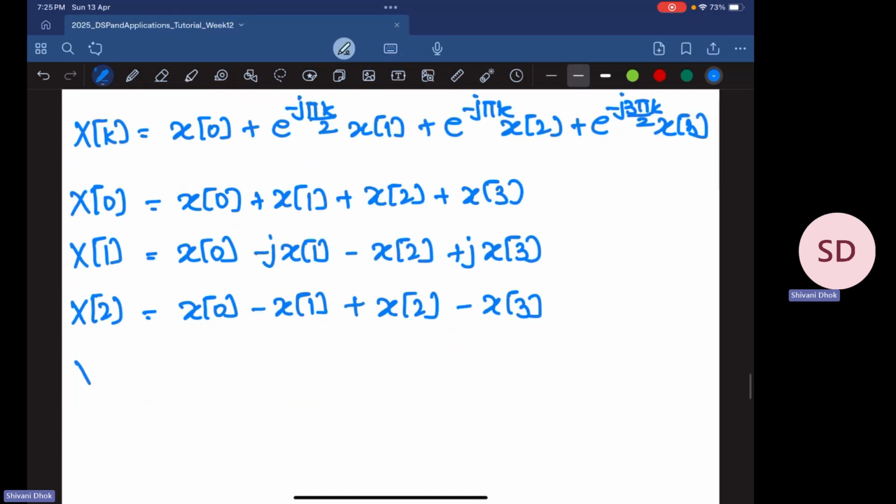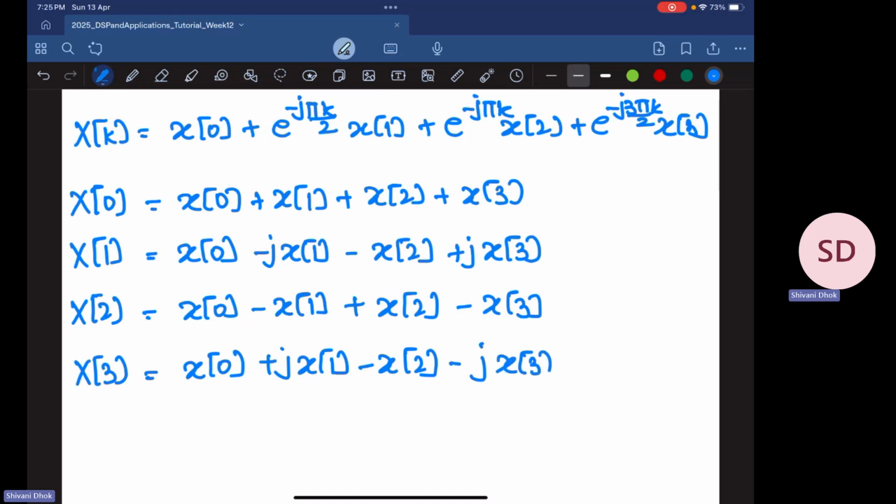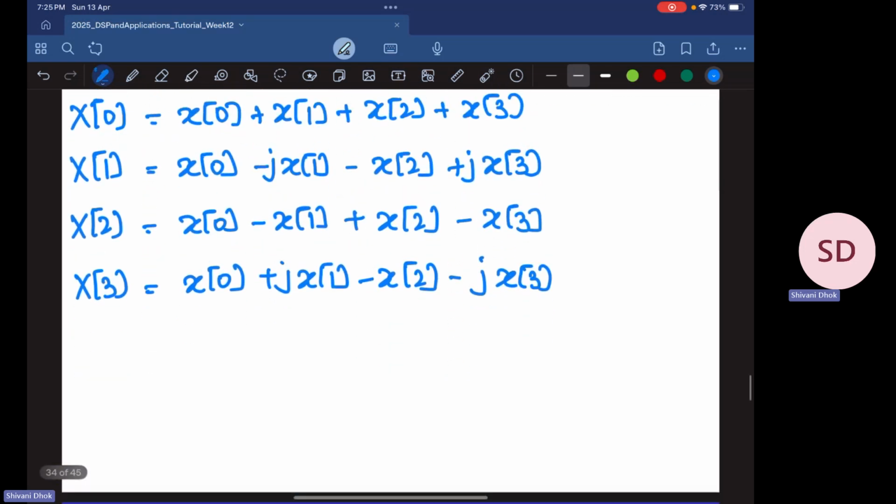And then we have capital X of 3 as x of 0 plus j times x of 1 minus x of 2 plus minus j times x of 3. So now let us stack it in a vector form.